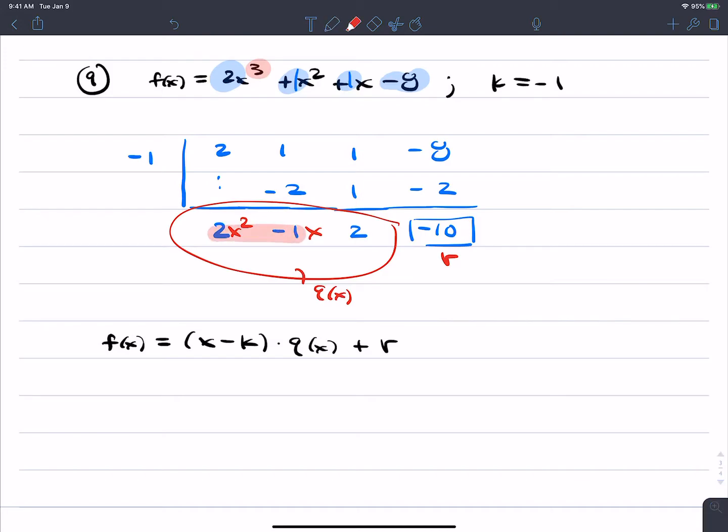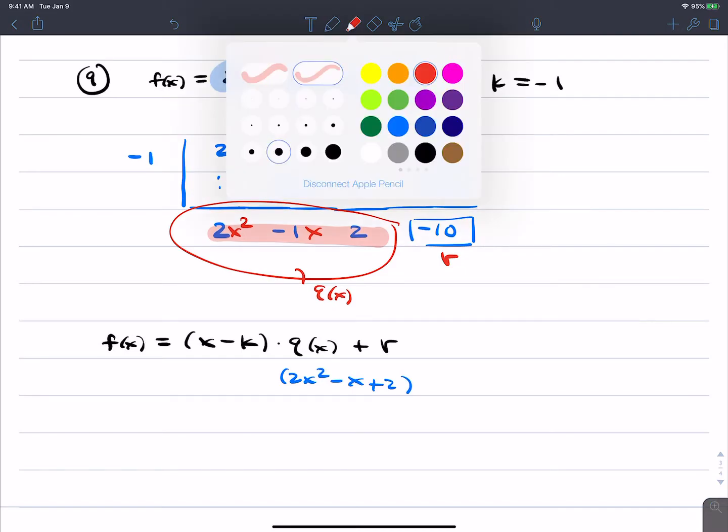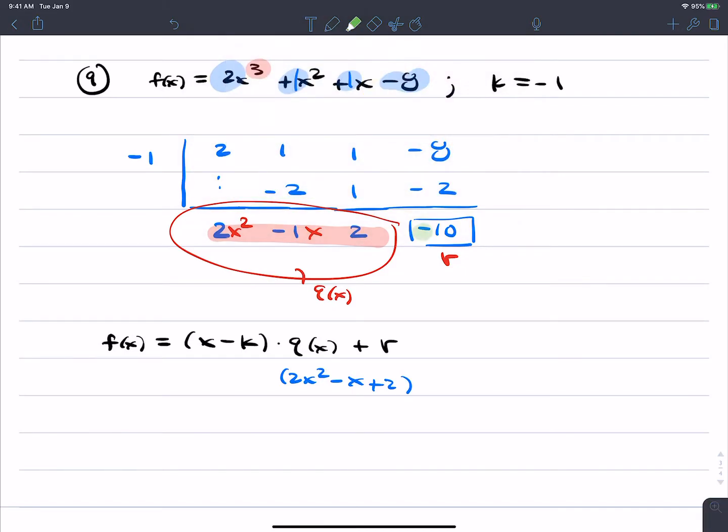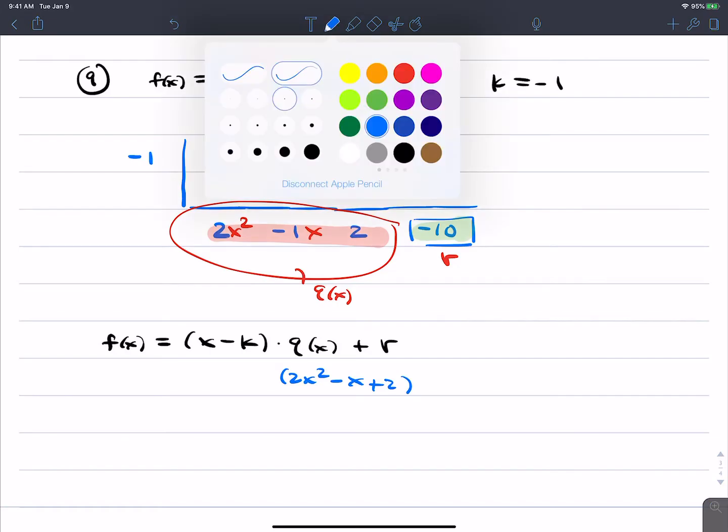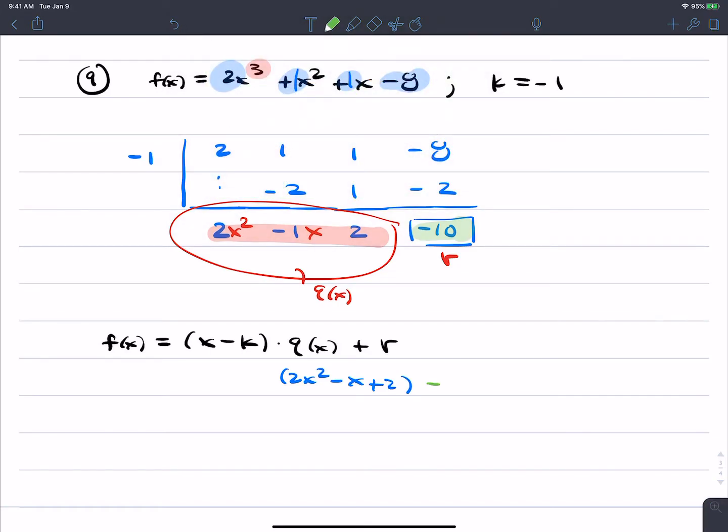Now we found our quotient here. So this quotient is going to be 2x squared minus x plus 2. However, we also have to make use of our remainder here. And here's the remainder. That remainder is going to be negative 10.